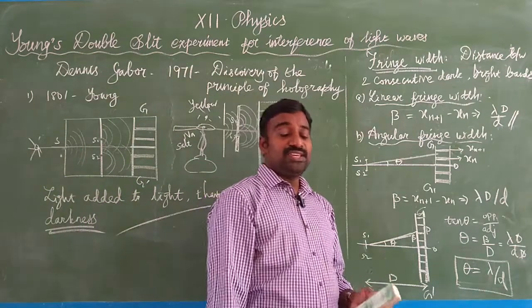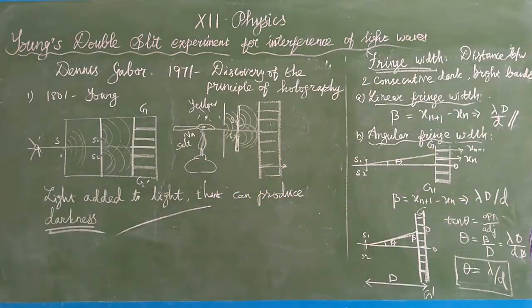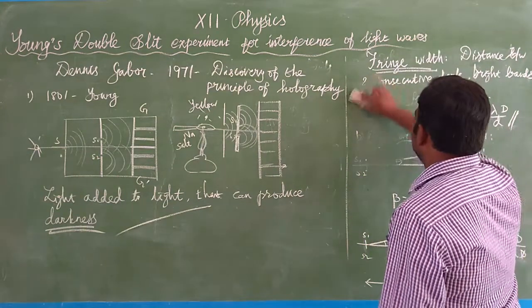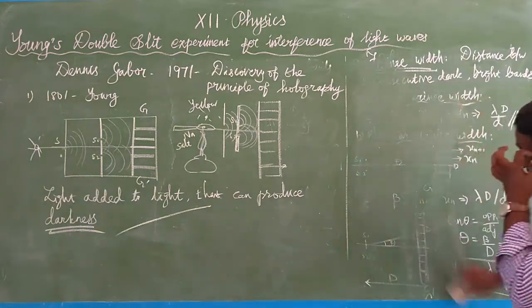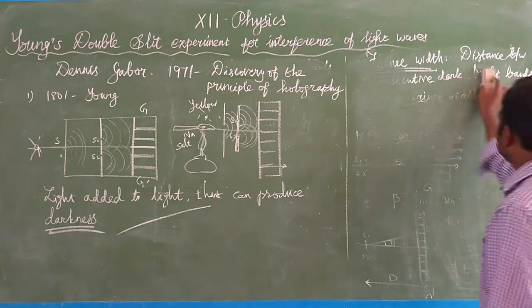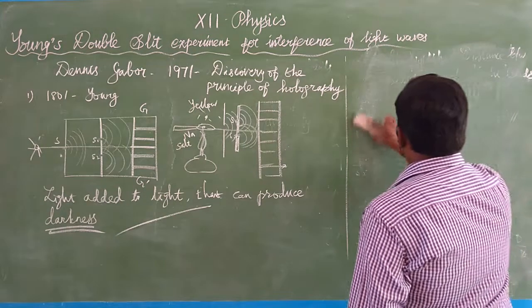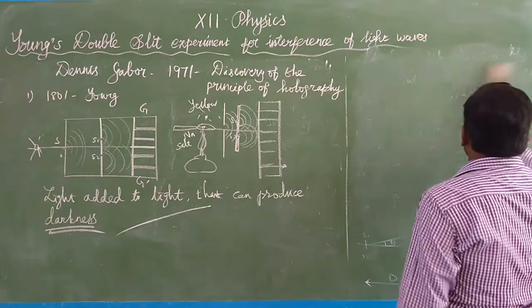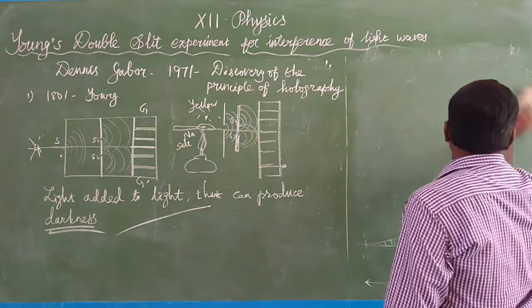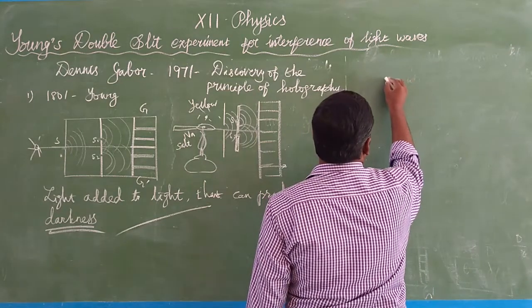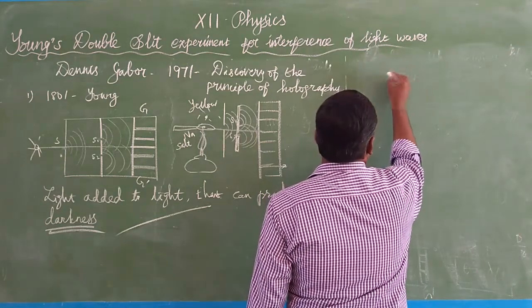So now we are going to see a simple example problem. Listen, the problem which is related to the Young's double slit experiment. From Young's double slit experiment, there is a sodium source.